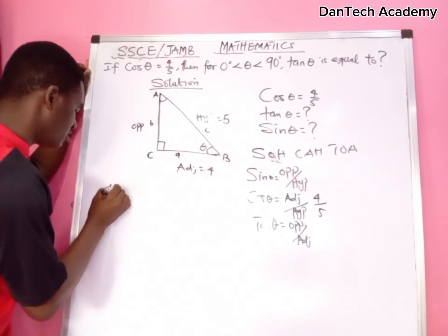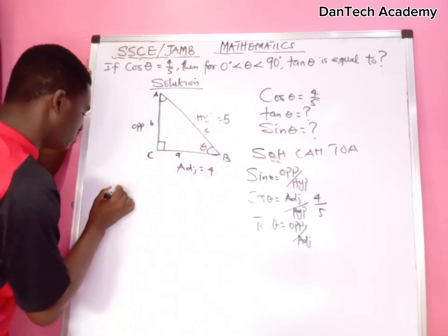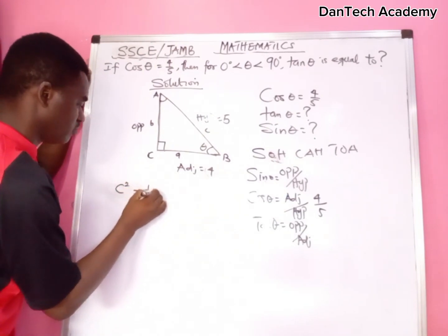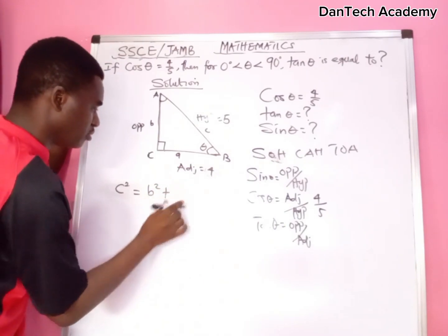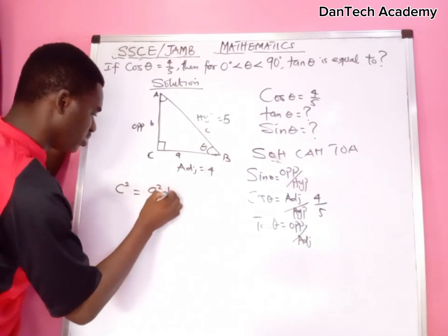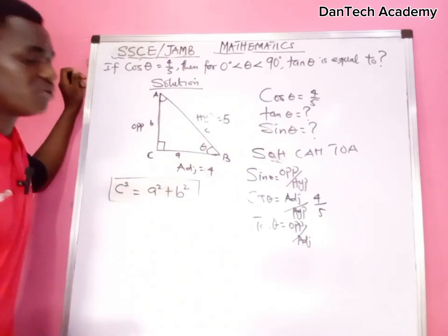I'm looking for b. So what am I going to do here? Let me just give you the formula itself. It becomes c square equals b square plus a square, or a square plus b square. Now this is the formula for Pythagoras theorem.